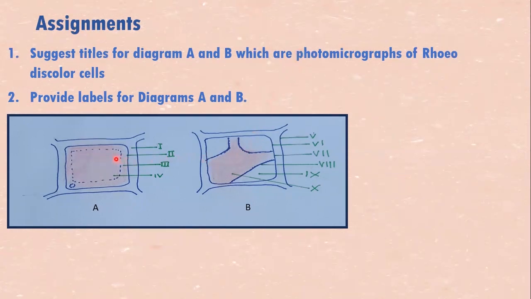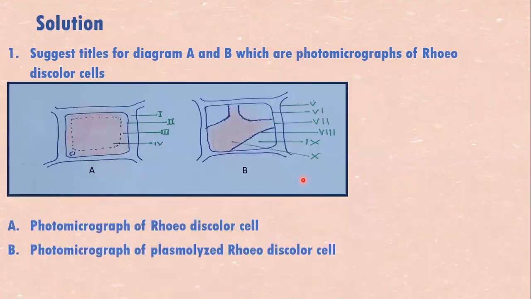So this cell and that cell are photomicrographs, and we are supposed to suggest titles for A and B, and question 2 is to provide labels for all these. Okay? Right, so let's go for the solution.